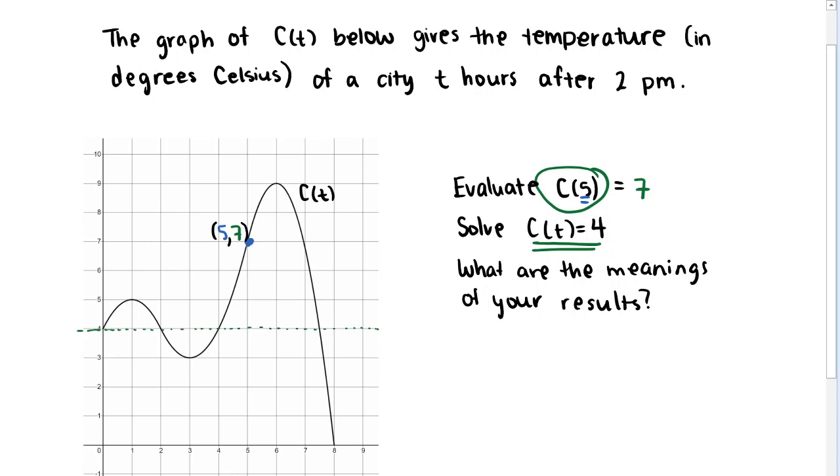There's one point here, one point here, another point here, and another point here. So there's one point with an input of 0, where I get an output of 4. There's another point with an input of, what is this? This is 2, with an output of 4.